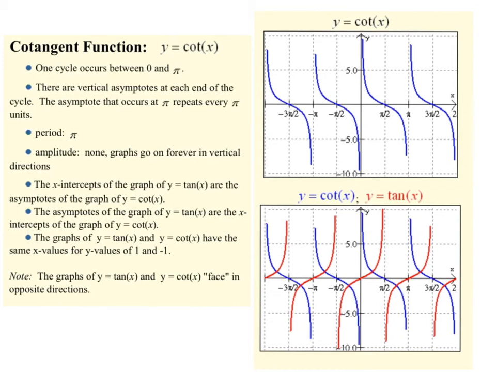The cycle isn't the same as the tan function. It goes from 0 to pi, just like sine and cosine, right? But it kind of has that S curve, goes on to infinity, negative infinity. Its period is still pi, and it behaves very similarly, but in an inverted way.